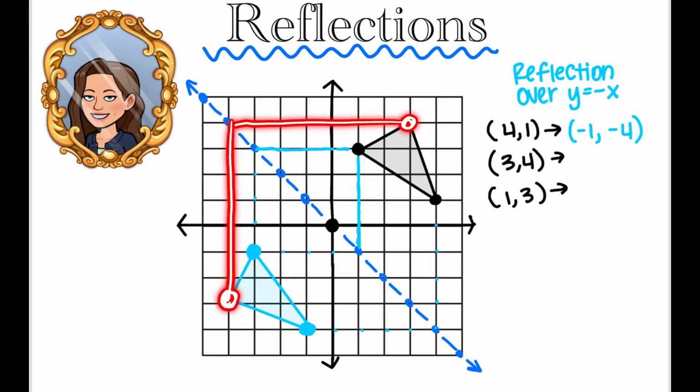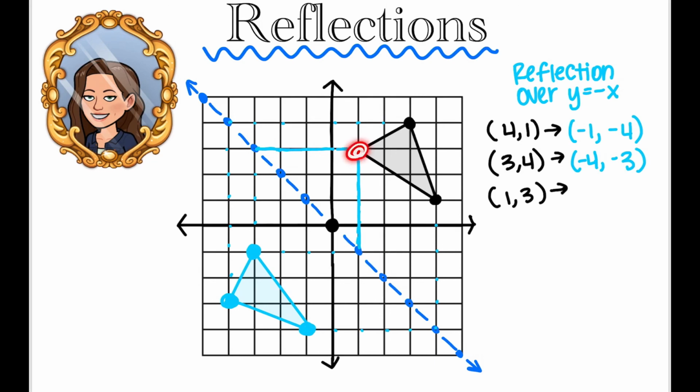Okay, for the point 3, 4, this one became the point -4, -3. And finally, for the point 1, 3, that became the point -3, -1.